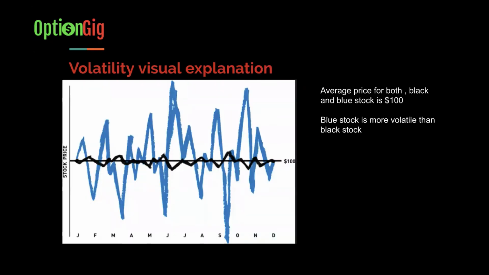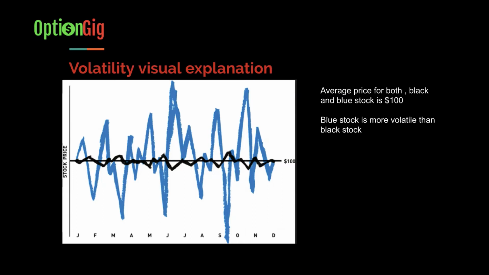Now, visually, let's say there's a blue stock and a black stock. There are two stock tickers. By looking at this image, you can clearly see that the blue stock is a lot more volatile than the black stock. Even if you average out their prices, they may both come out to be $100, but clearly the blue has a lot more volatility than the black stock.